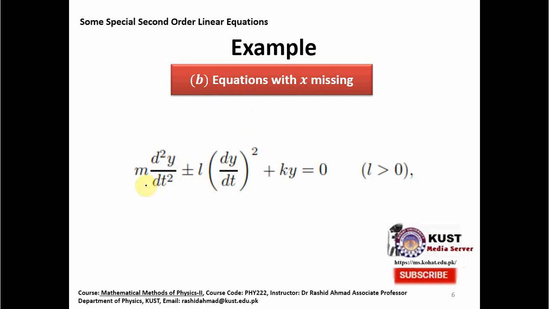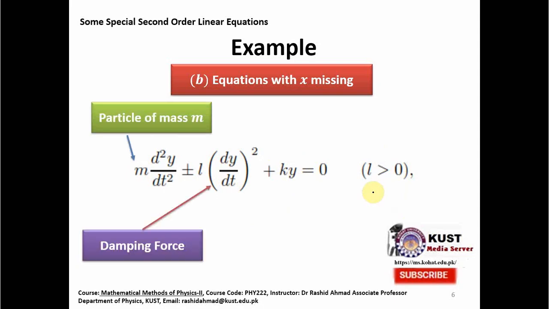For example, you can think of it as a particle of mass m moving in some potential, let's say a spring potential, where you have this ky as a restoring force, and this as a damping force for any L greater than 0. So we have the particle of mass m, and we have this damping force and this restoring force.